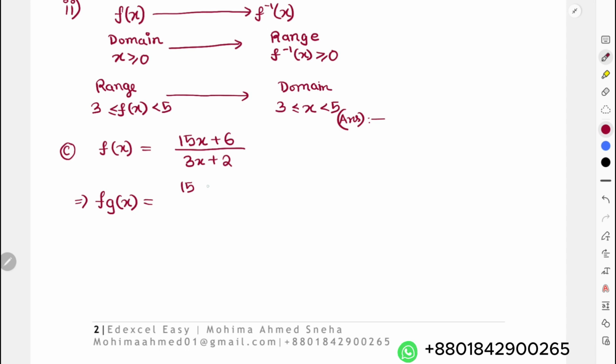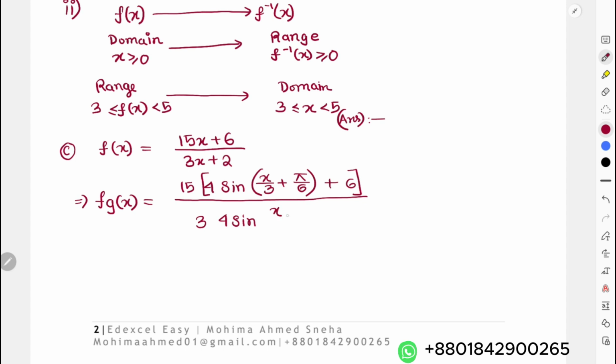So we have 15 times 4 sine of (x by 3 plus pi by 6), plus 6, divided by 3 times 4 sine of (x by 3 plus pi by 6), plus 2.